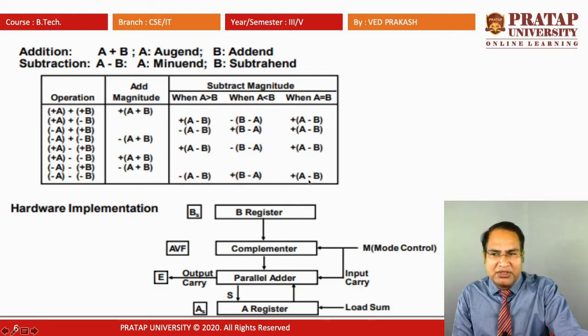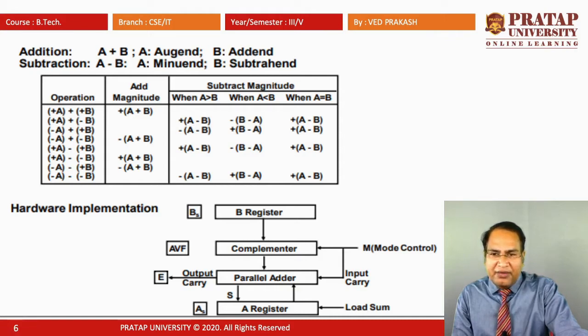Now here we consider the hardware implementation for performing the addition and subtraction of these data. So here we use two registers, register A and B. Here register A is used for the augend in the case of addition, and in register B we use the addend in the case of addition.